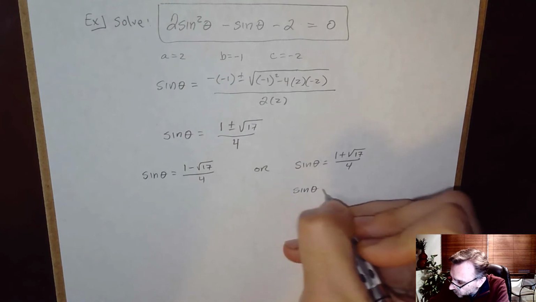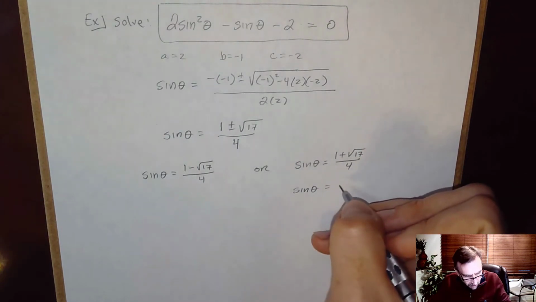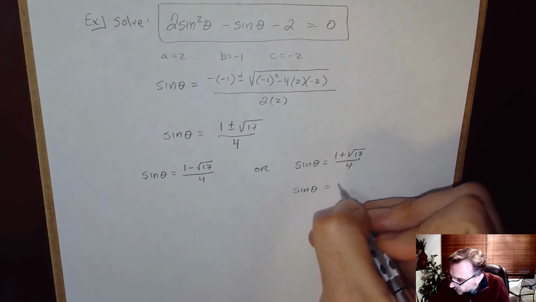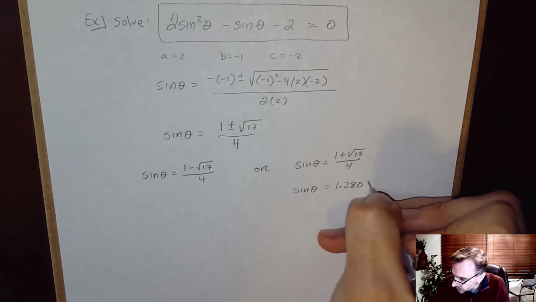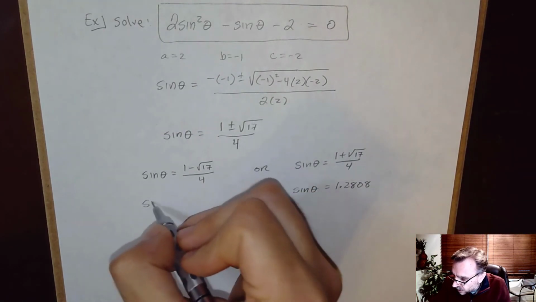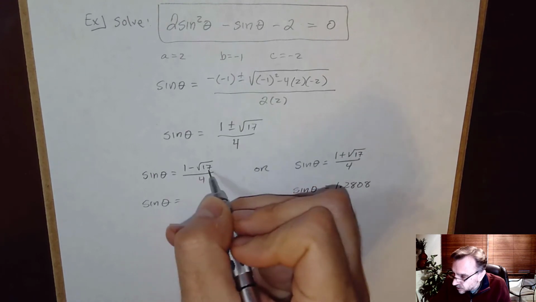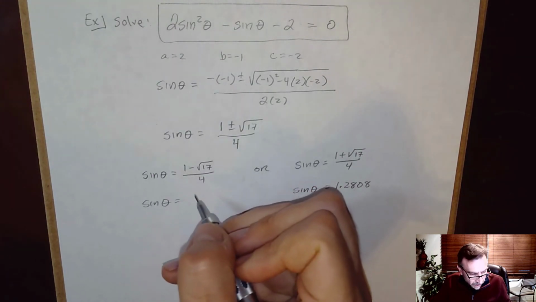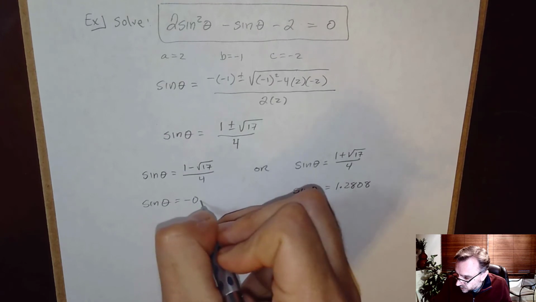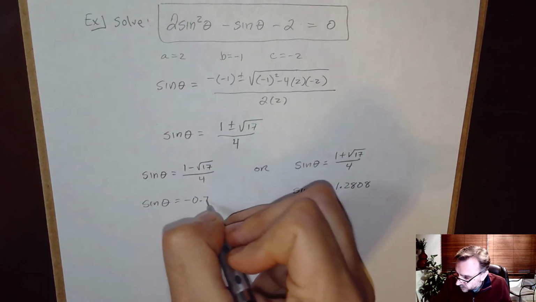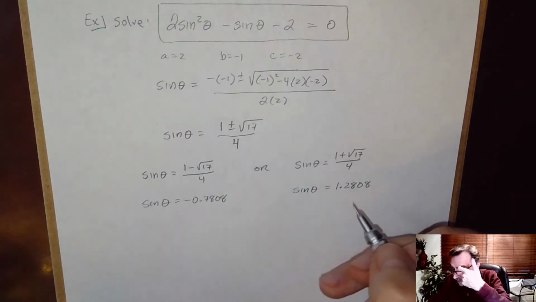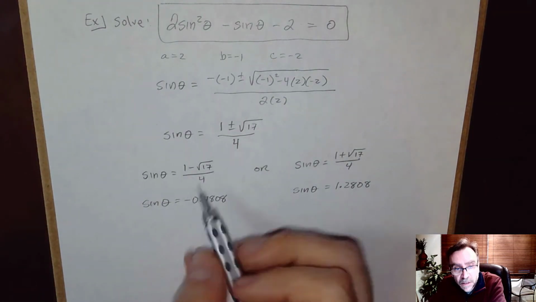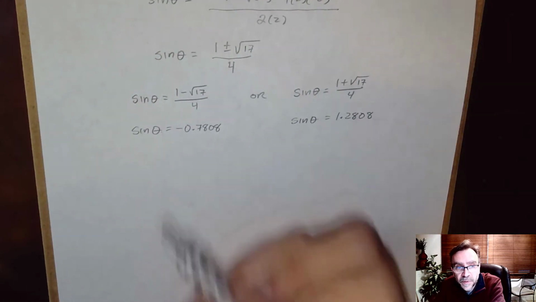When I do 1 plus square root of 17 over 4 on a calculator, I get 1.2808. And then when I do 1 minus square root of 17 over 4, I get negative 0.7808.